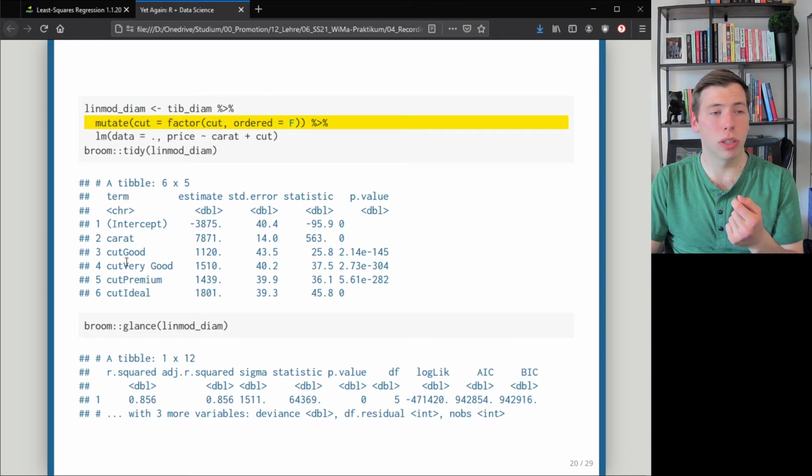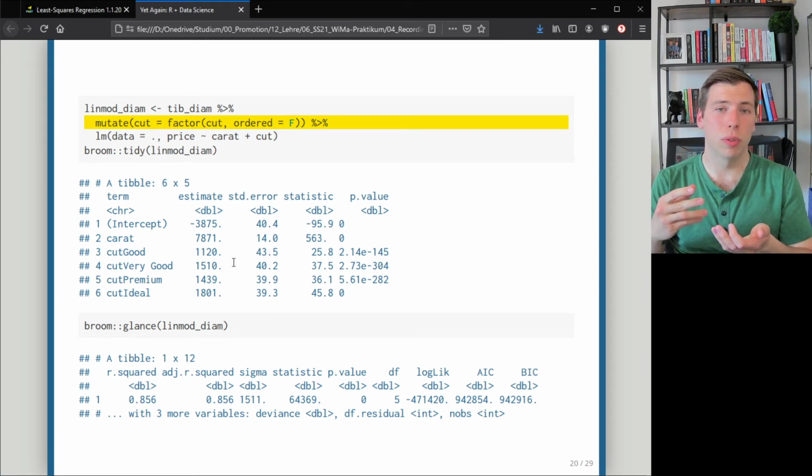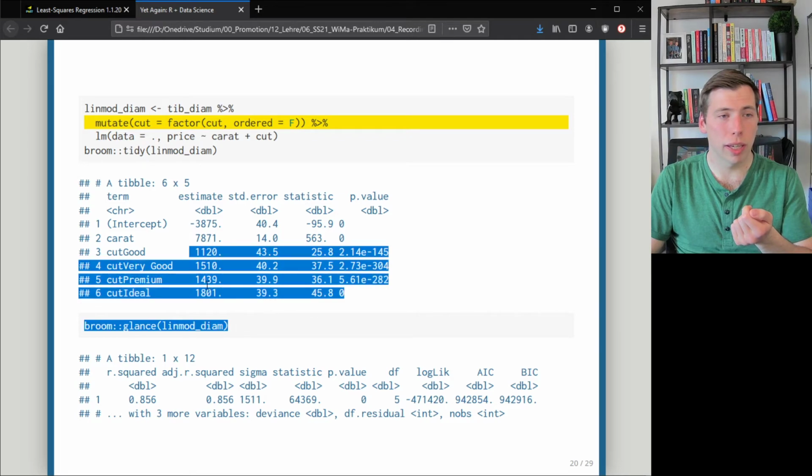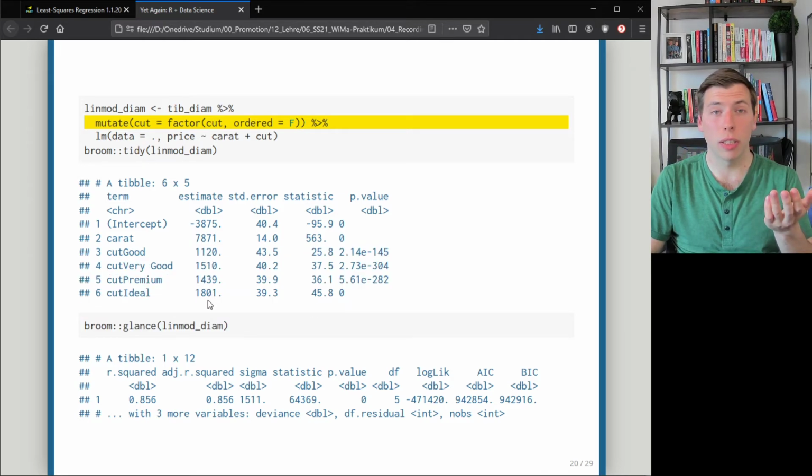And of course it can only be 1 for exactly 1 category, and therefore these estimates here can be interpreted as a bonus you will have to put on top of the regular price for a fair diamond, because all of these are 0, so none of those estimates will get added to the price if we have a fair diamond.